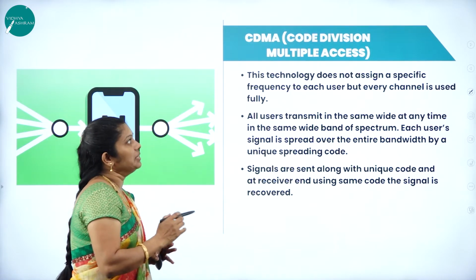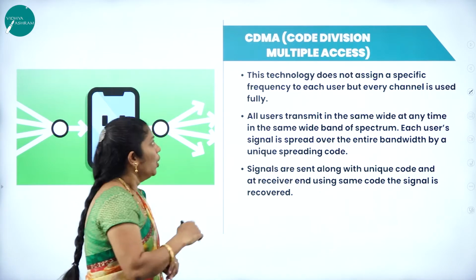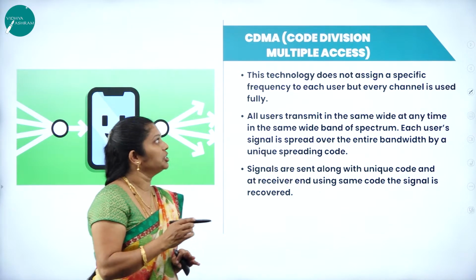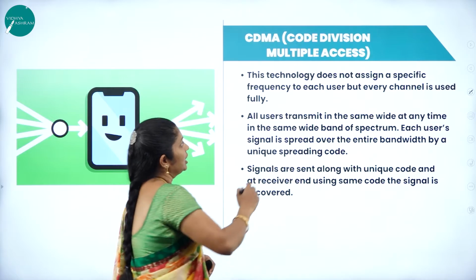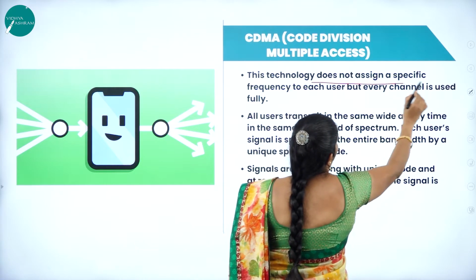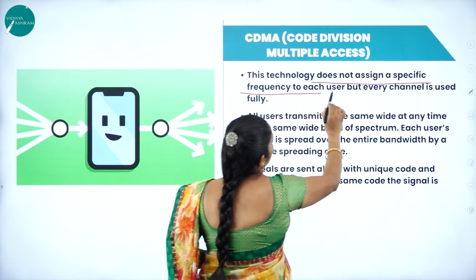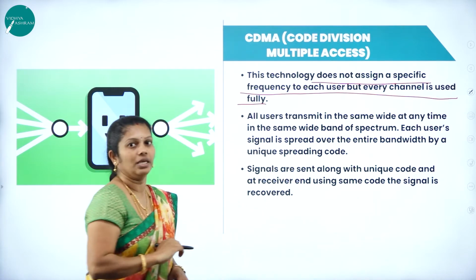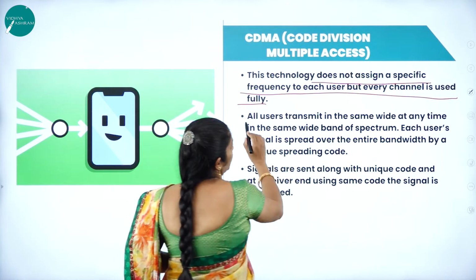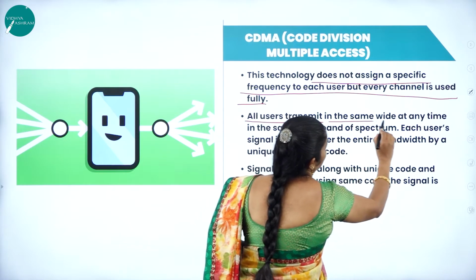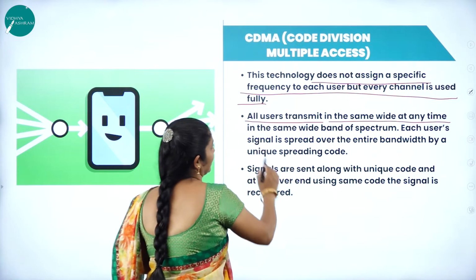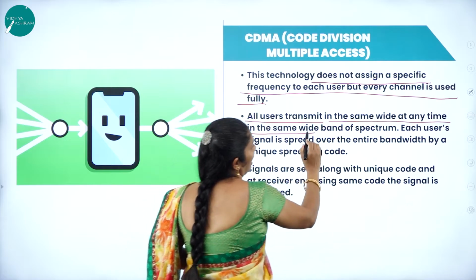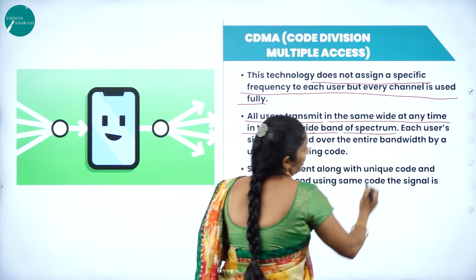Code Division Multiple Access. What do you mean by Code Division Multiple Access? This technique does not assign a specific frequency to each user, but every channel is used fully. All users transmit at any time in the same wide band of spectrum.